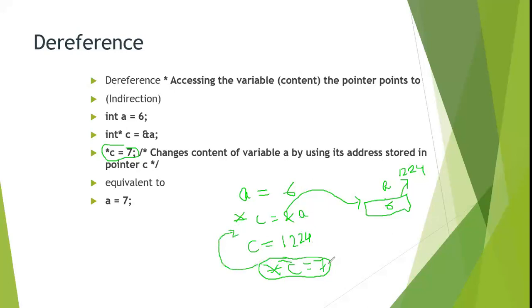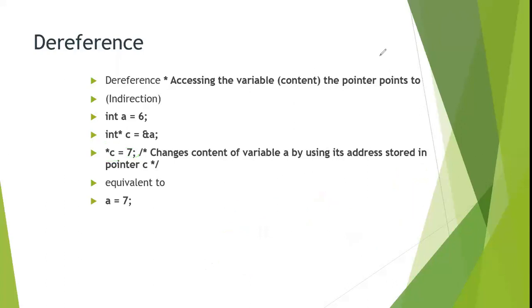It will go to that particular address, that means 1224, and change the value there from 6 to 7. That means it assigns a new value to the variable c is pointing to, and that new value is 7. Am I clear to you all now? Okay, so let's move to the next.